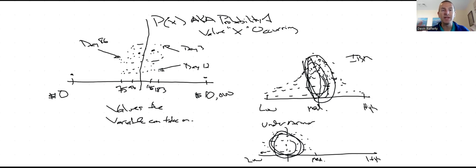And since most of the time its value is found around the medium stock price, that would be an indication that the odds are good that IBM's stock price will be in the medium neighborhood.